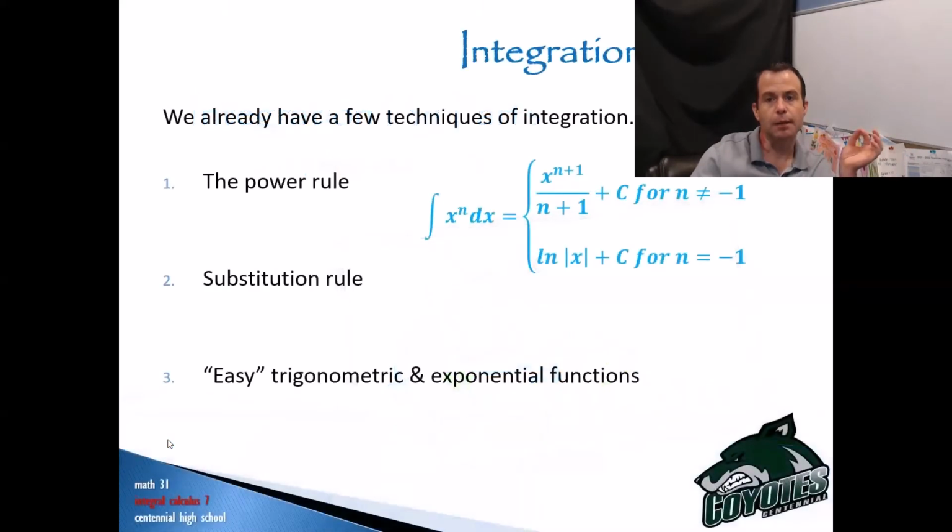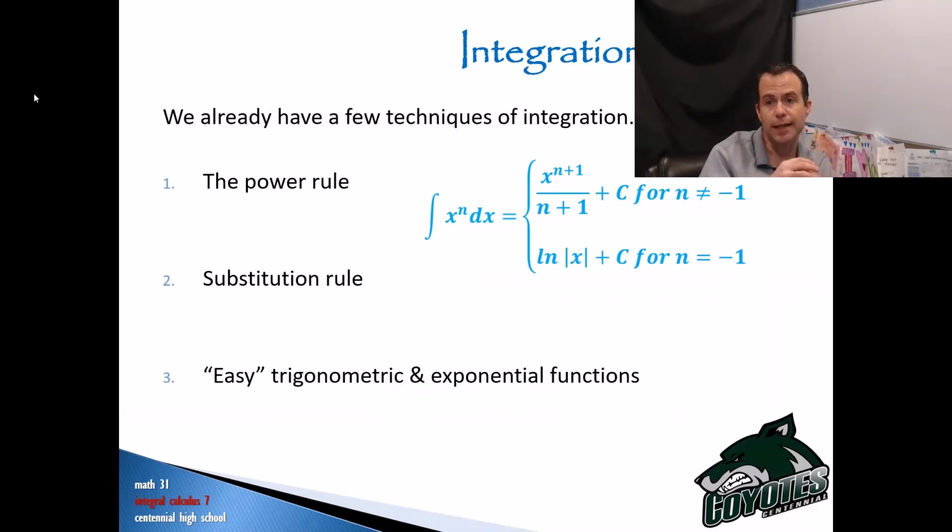Okay, so here's what we already have. These are already the kind of tools that we have in our toolbox when it comes to integration. Okay, the first is the power rule. We know that if we were to integrate x to the n, what happens is that exponent goes up a degree, and then I take the coefficient in front and divide it by what the new exponent is.